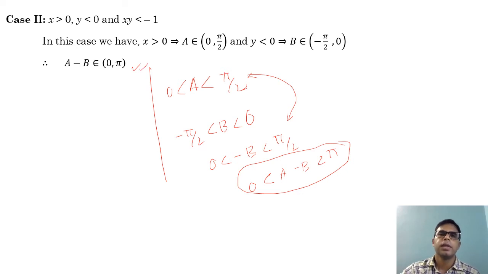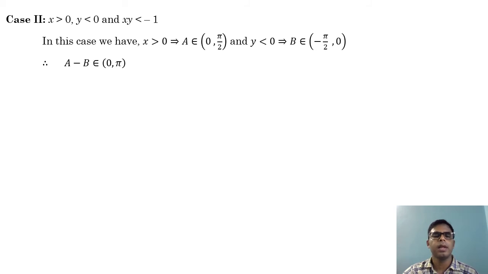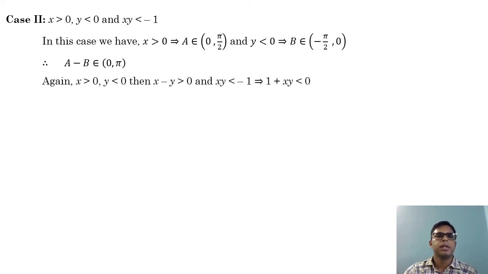Okay, so after that, you see, if x greater than 0 and y less than 0, it also implies x minus y: x is a positive number and y is a negative number. So x minus y is a positive number.